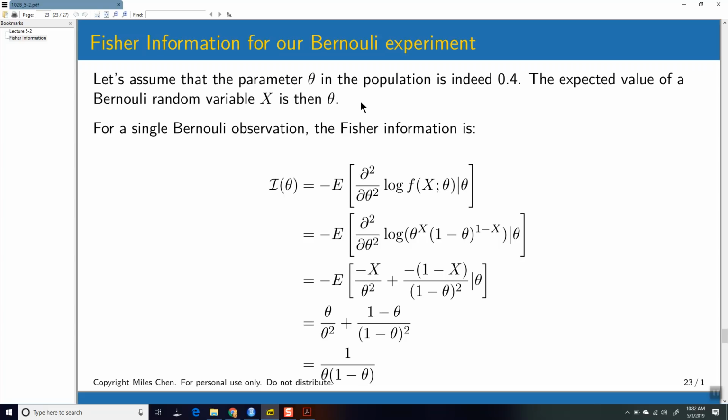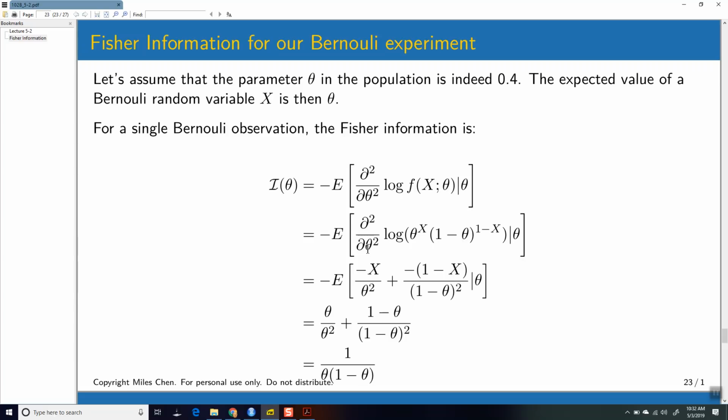Then when we draw a single value, if our random variable x is one draw from the pouch, then the Fisher information will be the negative expectation of the second derivative of the log likelihood function. And so the likelihood function for a single Bernoulli draw is this, okay? Theta to the x, 1 minus theta to the 1 minus x. This is the general thing.